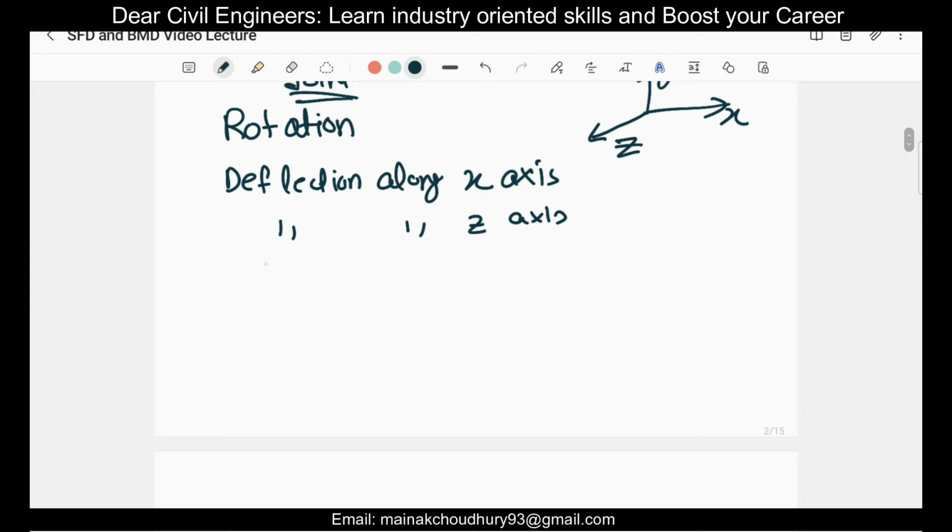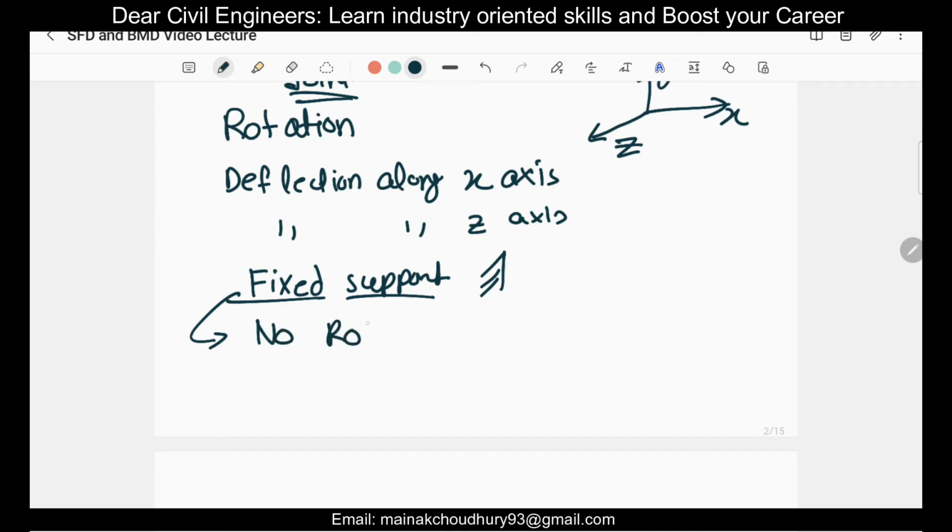In a fixed support, which is also denoted like this, there is no rotation. Since there is no rotation, meaning there is resistance to the rotation, there is a moment.